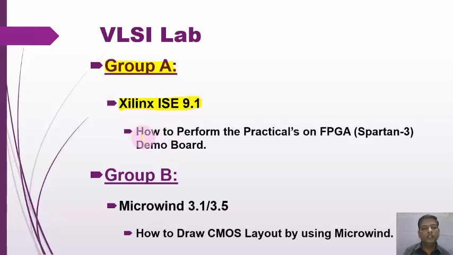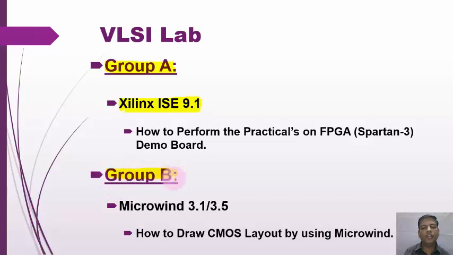So the group A practicals are performed with this software, Xilinx ISE 9.1 or 9.2. In that, we study how to perform the practicals on the FPGA Spartan 3 demo board, in group A.